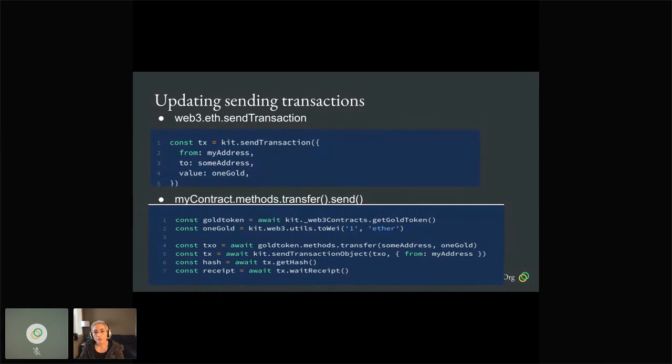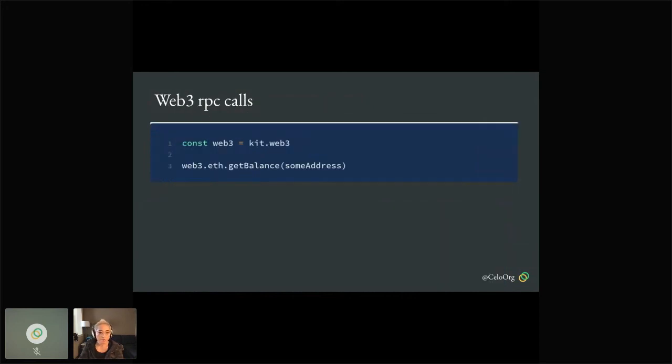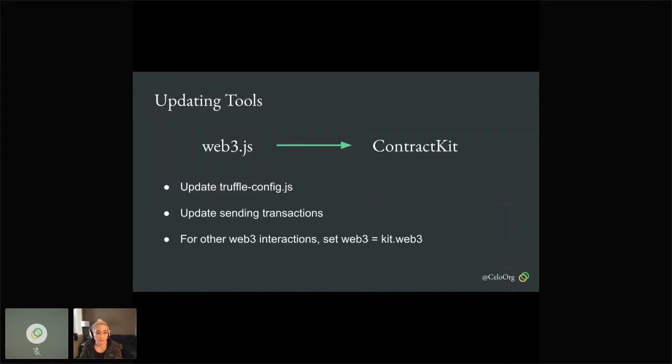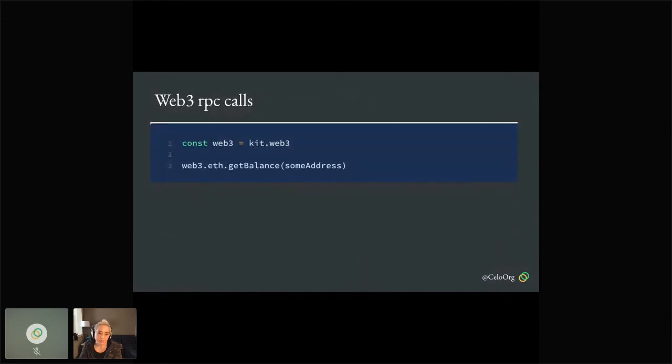That way we wrap it, because you want to be able to use the right methods. But RPC calls will work as expected. You just need to make sure that you use the kit's instance of Web3, and you can set that to the web3 variable. That way you won't need to go through all your code and manually update everything to say kit.web3.eth.getBalance.